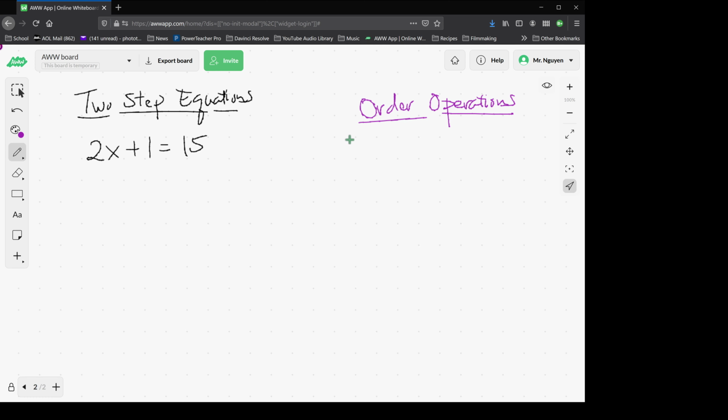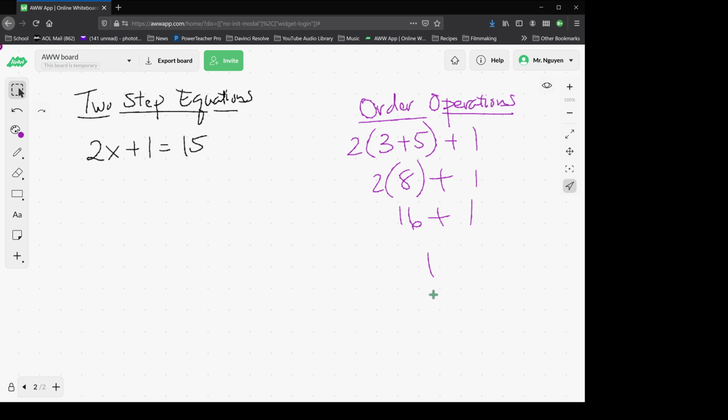Like, let's just say, for instance, you have 2 times 3 plus 5 plus something, plus 1. Remember that you have to do what's inside the grouping symbol first before you multiply, and then you have to multiply before you add, and then you add.